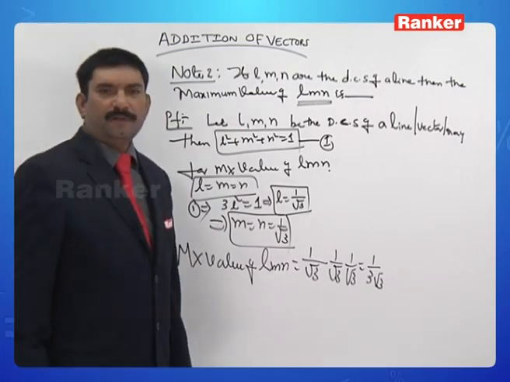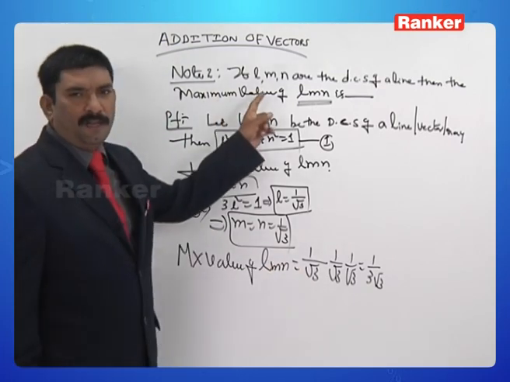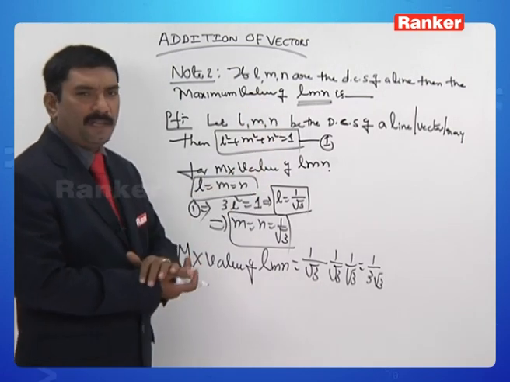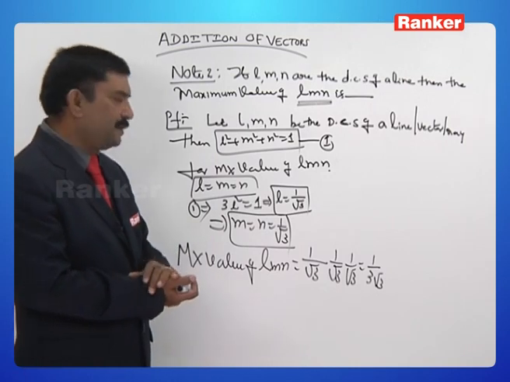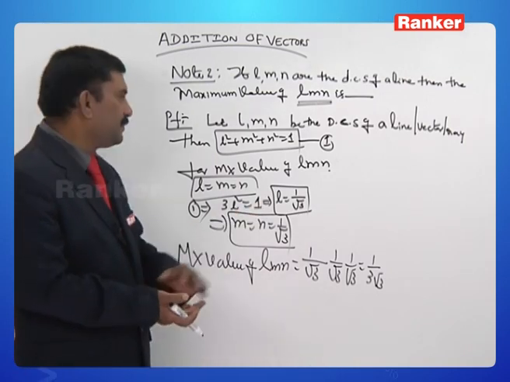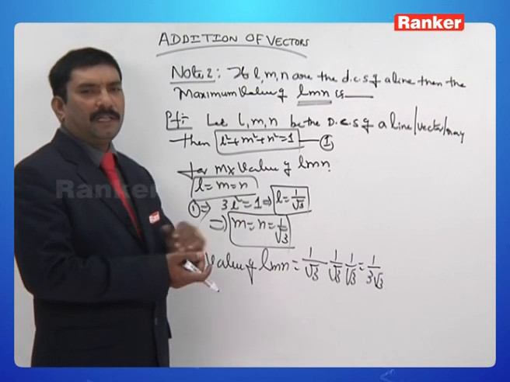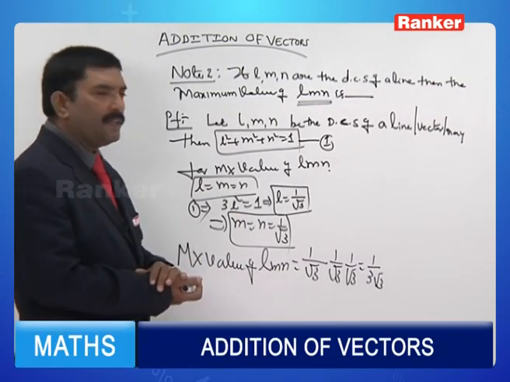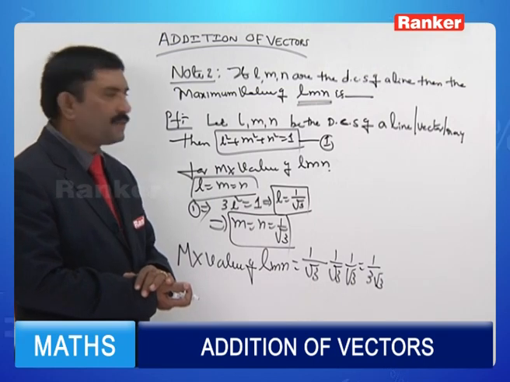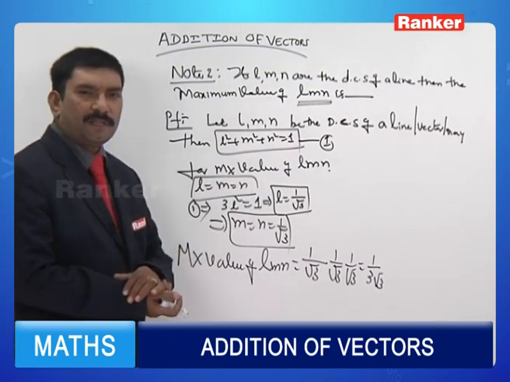Now, student friends, we have come across that if L, M, N are the DCS of a line, then the maximum value of LMN is 1 by 3 root 3. Just take L, M, N as the DCS of a line or a vector or a ray. Then L square plus M square plus N square is equal to 1. Call it 1.